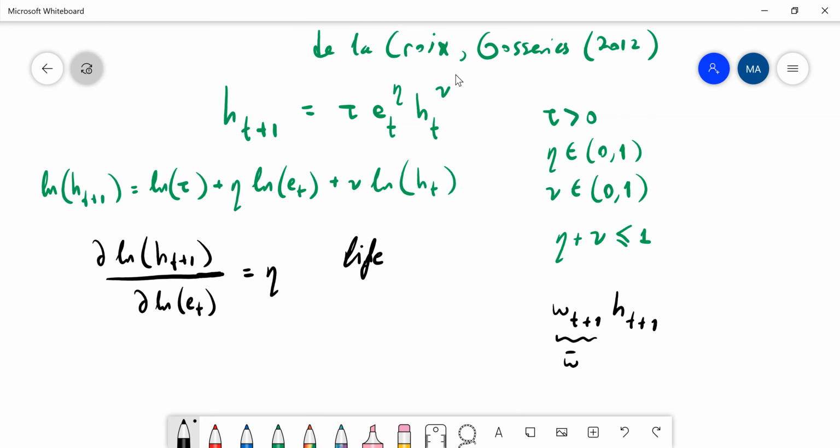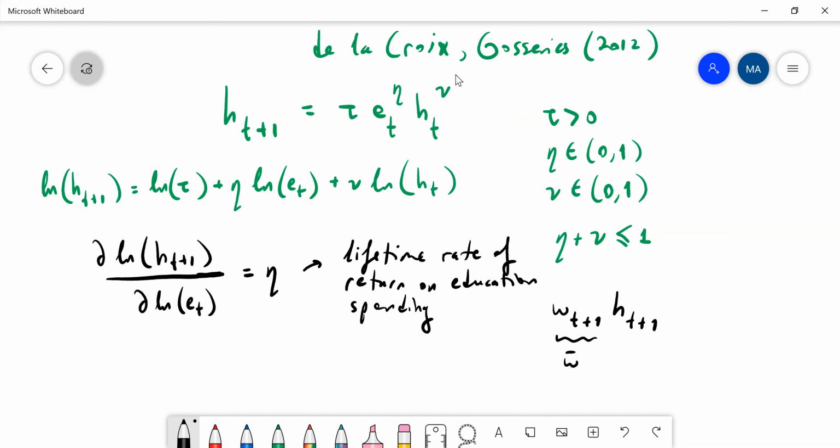So then this becomes lifetime returns on education spending, right? Eta is the lifetime rate of return on education spending. So your parents spend et dollars on your education, and that amount of money creates human capital for you, okay?